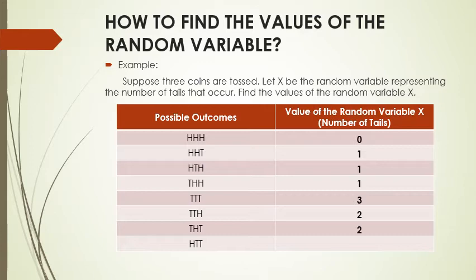Then we have three tails, then 2, 2, 2. Therefore, the possible values of the random variable x are 0, 1, 2, and 3.